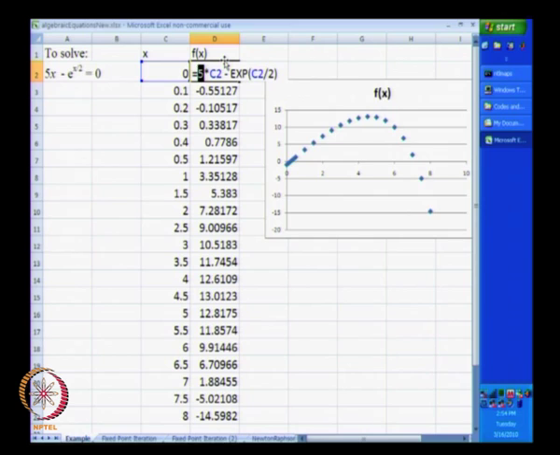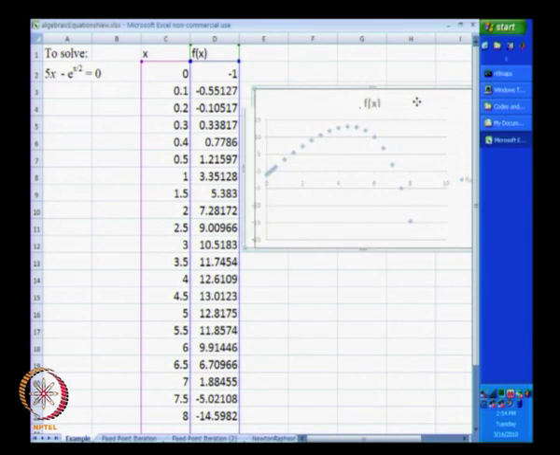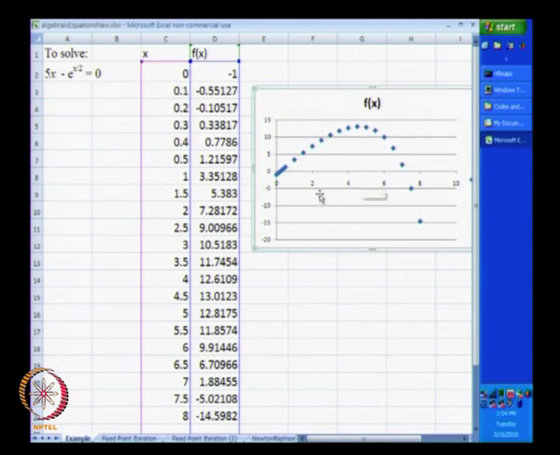It's basically 5 multiplied by C2, where C2 is our x value, minus e to the power x by 2. Exp is the exponential, and C2 is again x divided by 2. So that is our function f of x, and I just dragged it along the entire column and then plotted, and this is what we get as f of x as a function of x, okay.